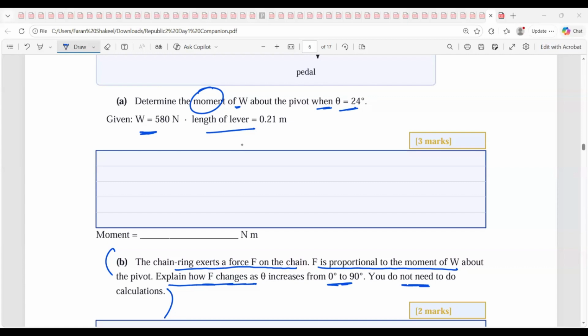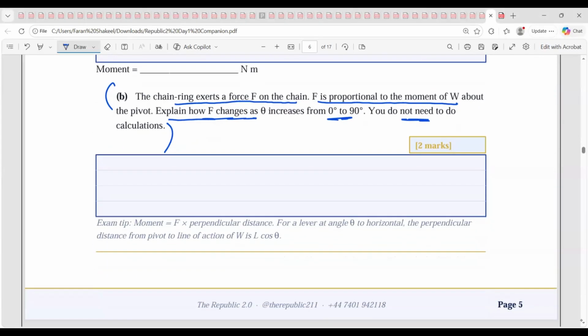I just thought that F is going to decrease as theta is increasing and it would become 0 at 90 because F is proportional to cos theta. Exactly. Brilliant. So the moment has to be F times L cos theta.